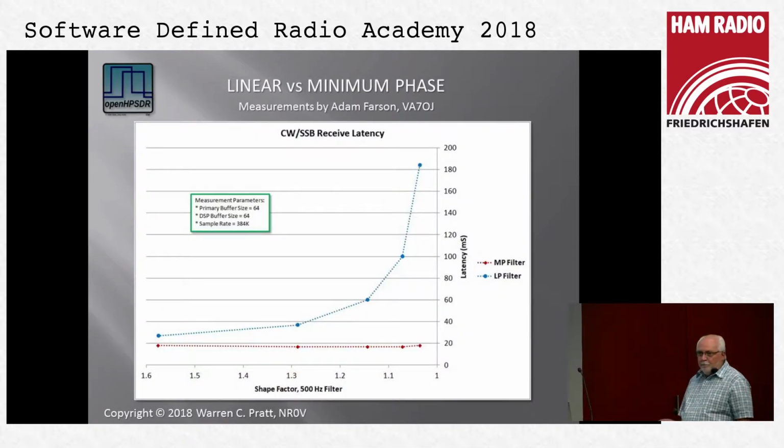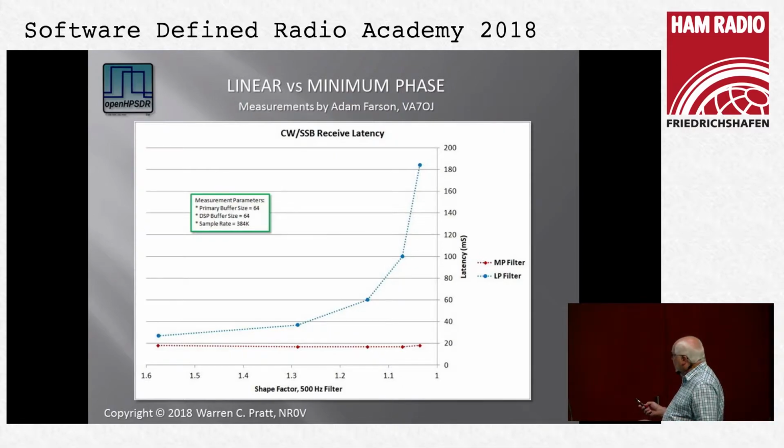Now, I'm going to jump straight to some results here. What I've shown is a chart of latency, and here we have filter shape factor. So sharp filters are on this side, sort of sloppy filters are on this side. And the red is minimum phase filters, showing the latency. The blue is linear phase.